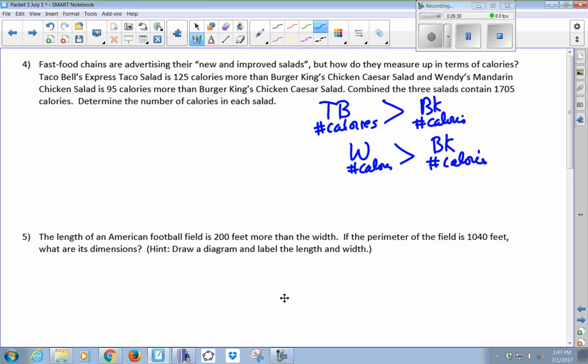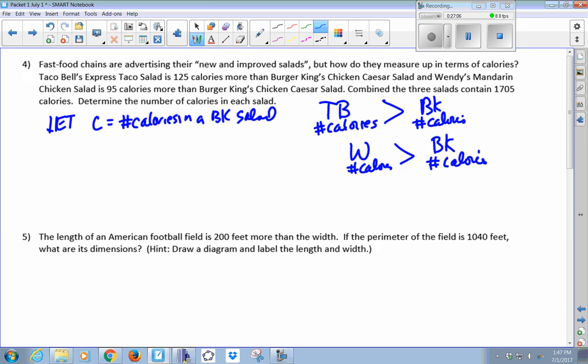So this is how I determine the initial variable for my problem. What will I let C, for number of calories, equal? I'm going to let C equal the number of calories in a Burger King salad.